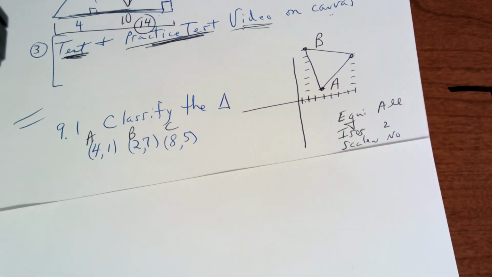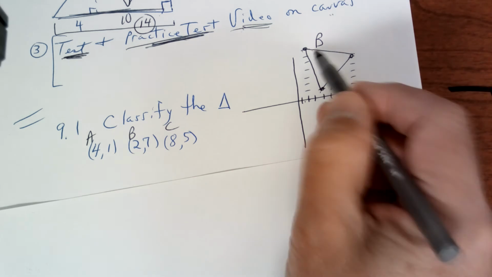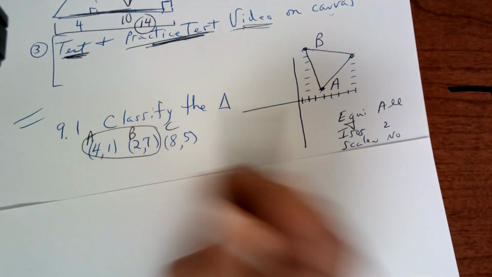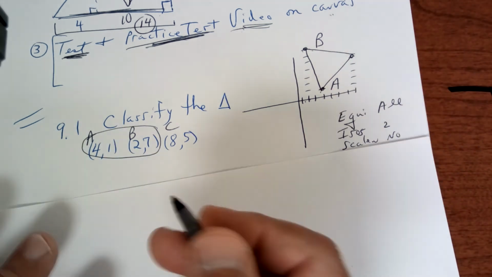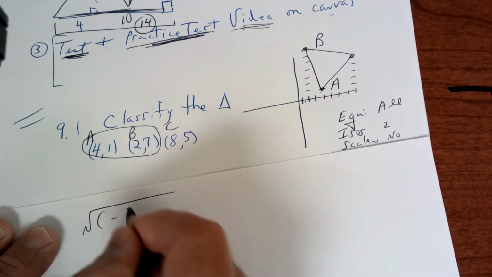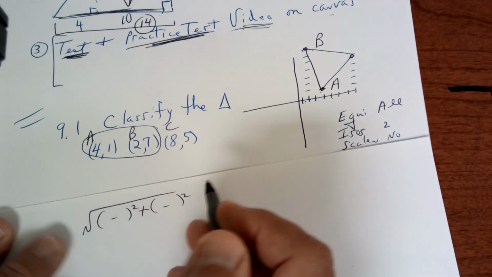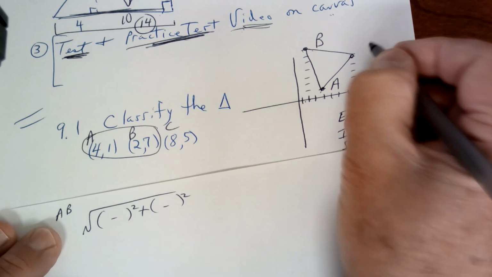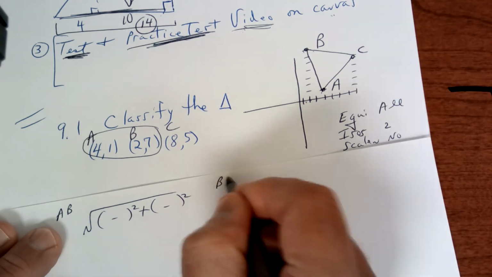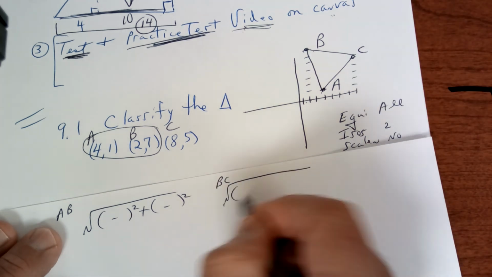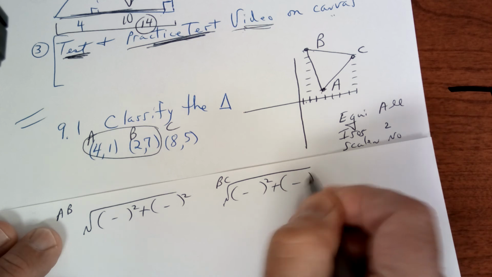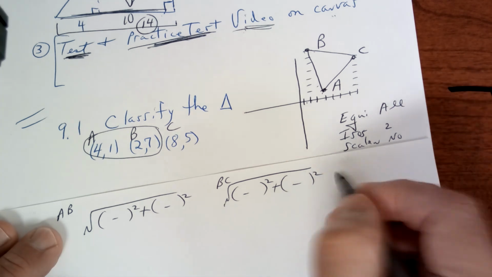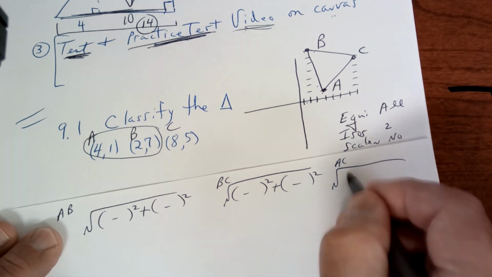And so what you're going to do is the distance formula from here to here, from A to B. So you're going to have to do it 3 times. Once for AB, once for BC, and once for AC. So do that right now.